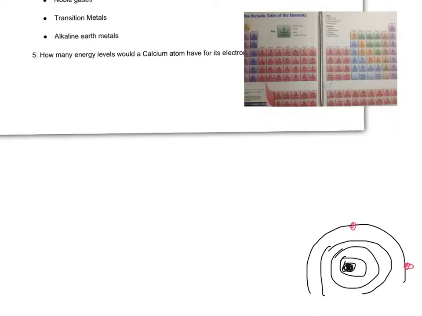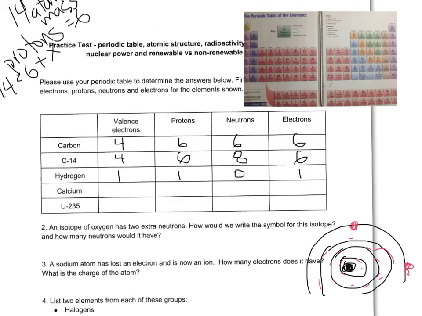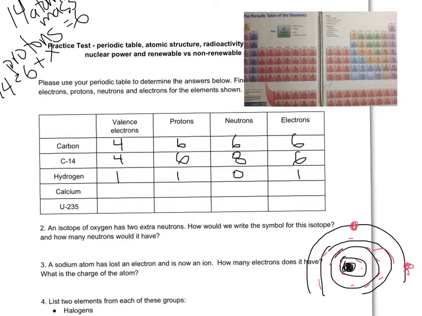So these are all filled up, and I'm not going to draw them all in. We'd have 8 here, 2 in the inner, and then 8 here. But 2 valence electrons in its outer shell for calcium.